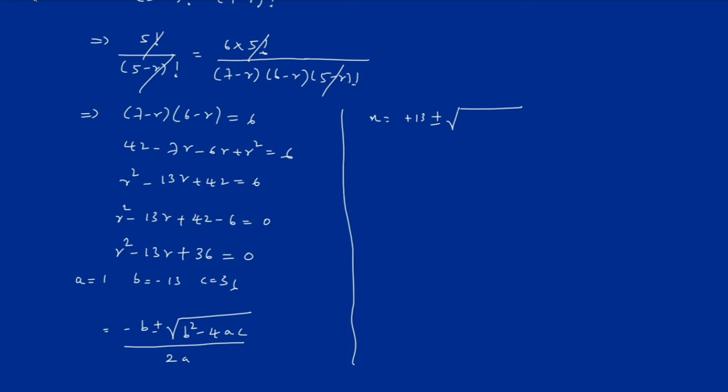B square minus 4A where A is 1 and C is 36, right? Whole divided by 2A, which means 2 into 1.